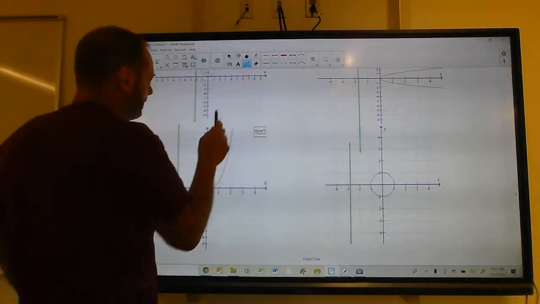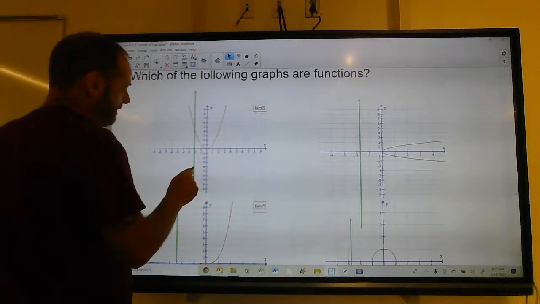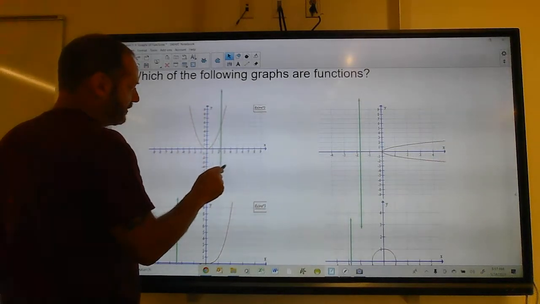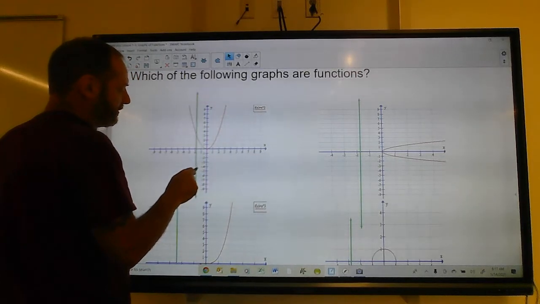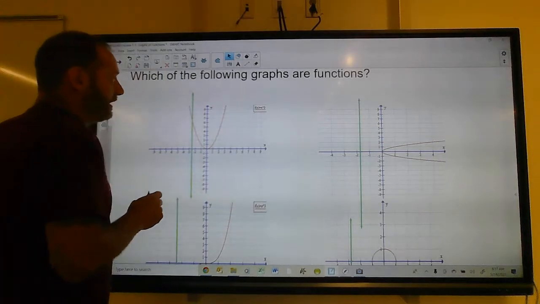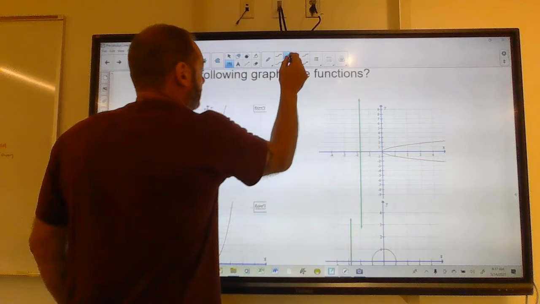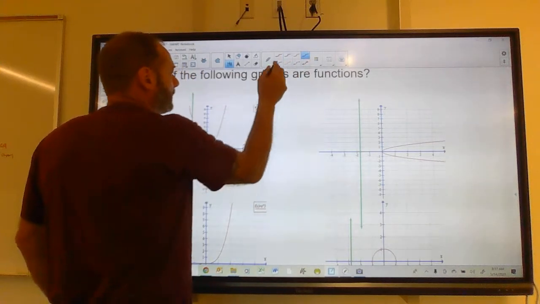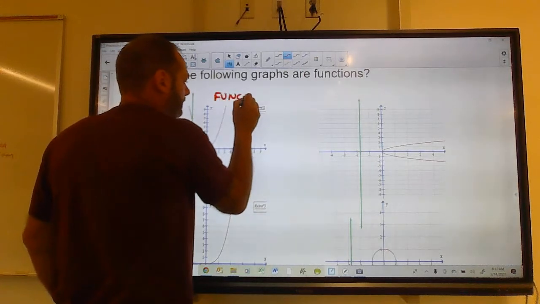Now on this one, if I move this vertical line this way, you'll notice that it only passes through the graph at one point each time. Okay, so since it does that, this is a function. So we would label this a function.